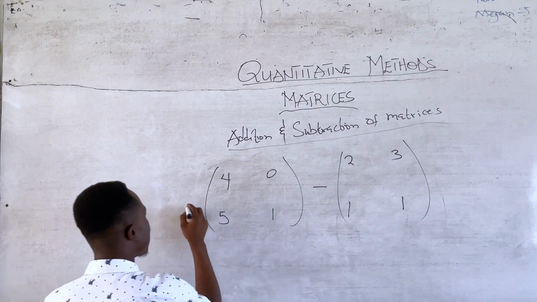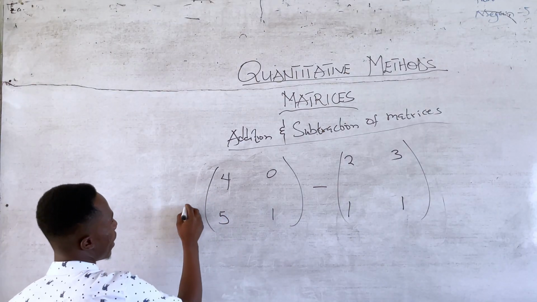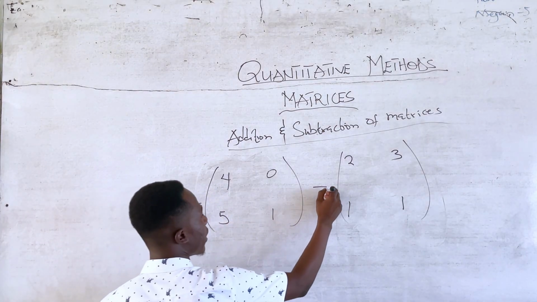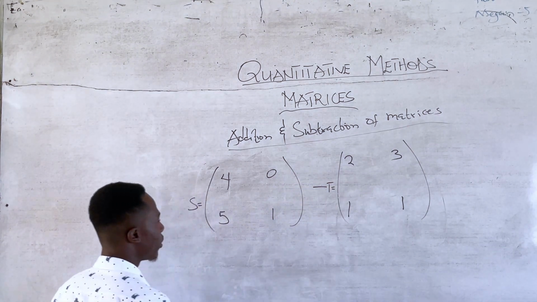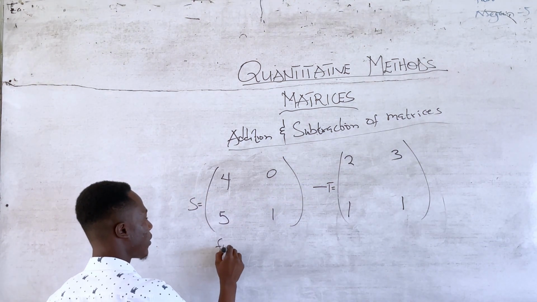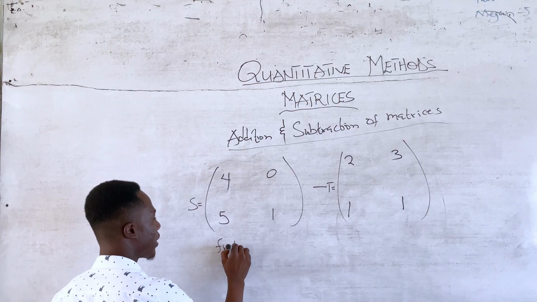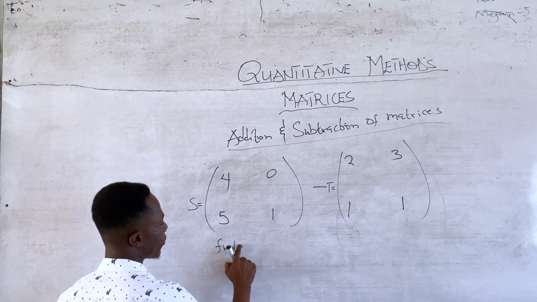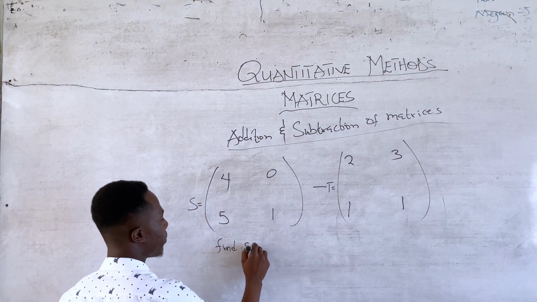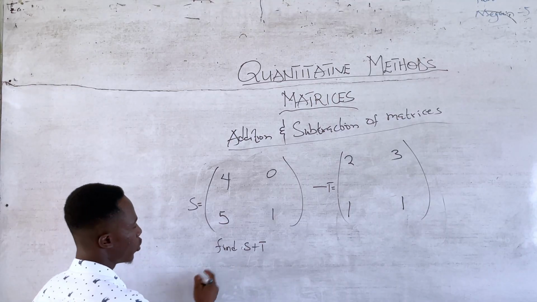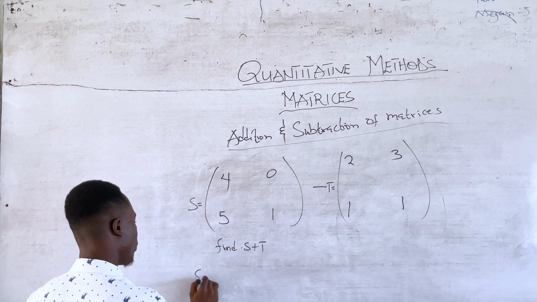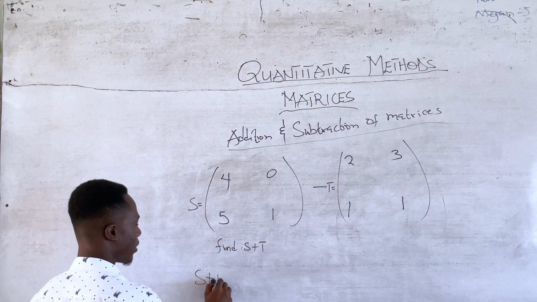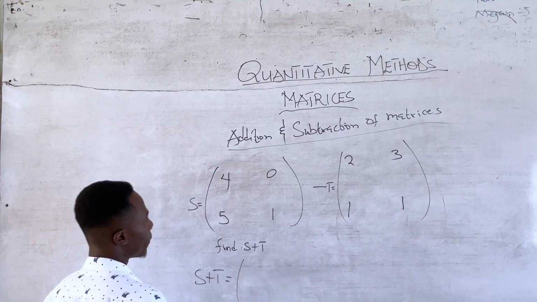This is S equals, and this is T equals. So find S plus T.